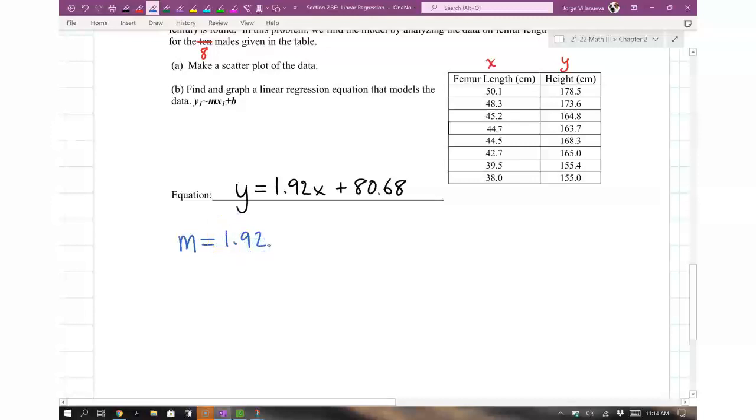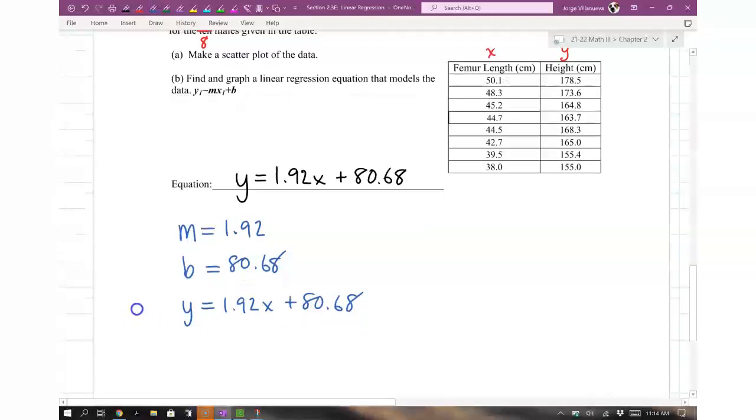The next question they're going to ask you is, what is the y-intercept? All right, 80.68. Thank you. All right. The next question they're going to ask you is, what's the equation? Well, yeah, we got that earlier, so I mean, that's not even hard. So notice, this is not hard. The next 2 questions might make you do a little bit of work.